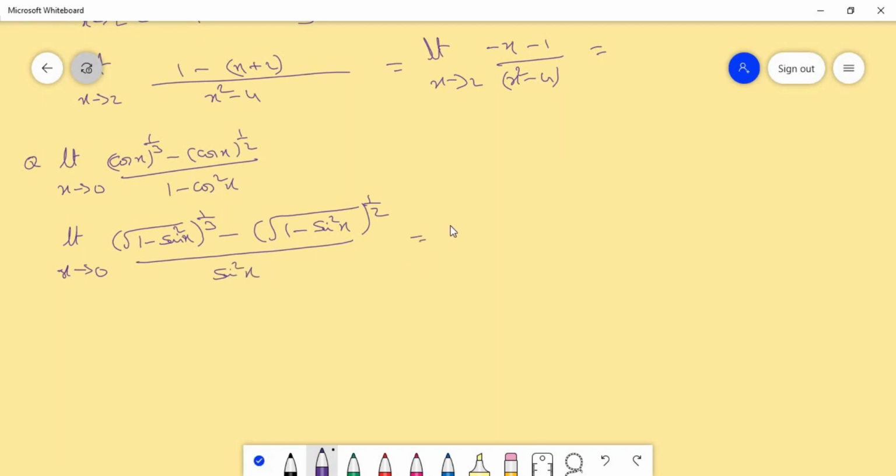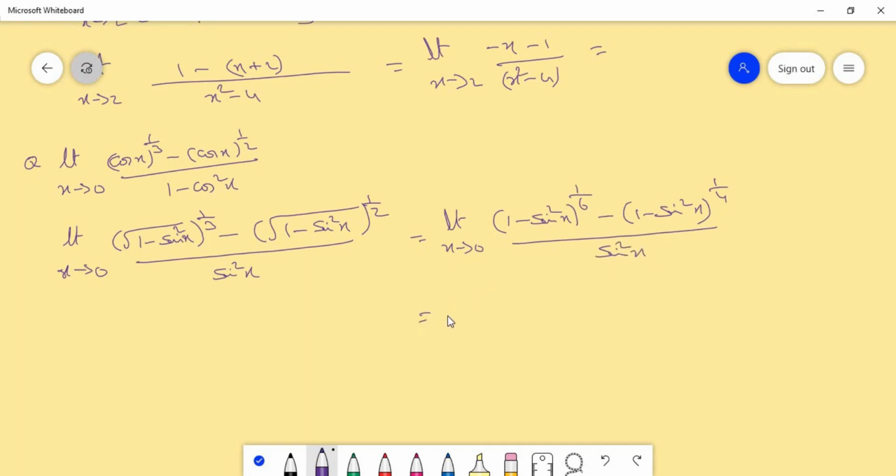Now, limit x tends to 0. Here also we get (1 minus sin square x) whole power 1 by 6 minus (1 minus sin square x) whole power 1 by 4, whole divided by sin square x.